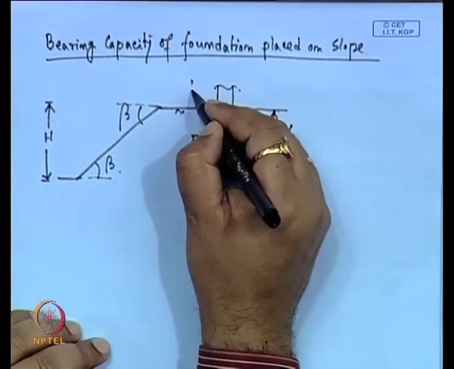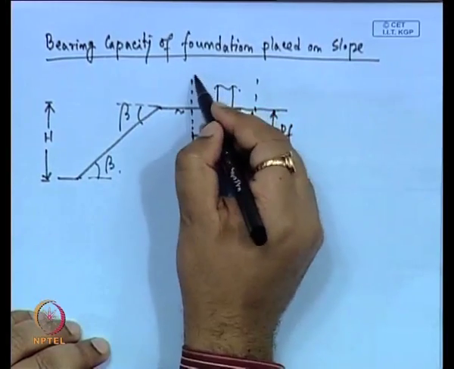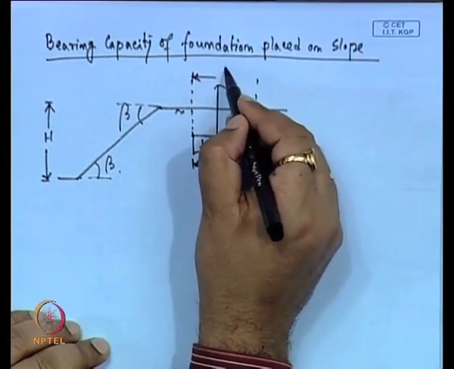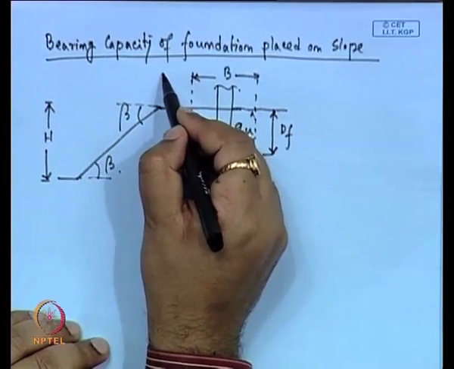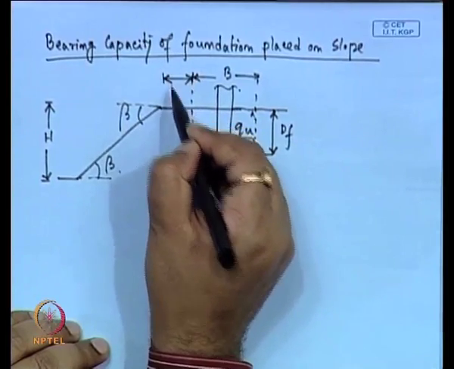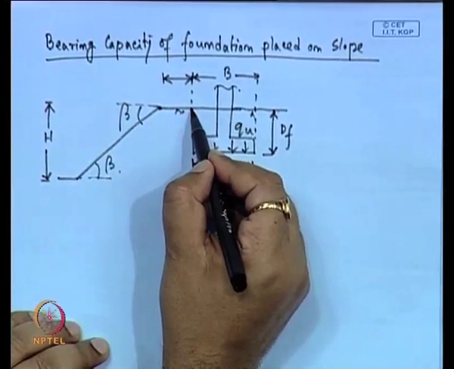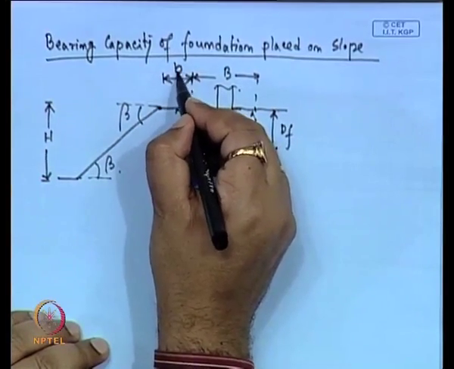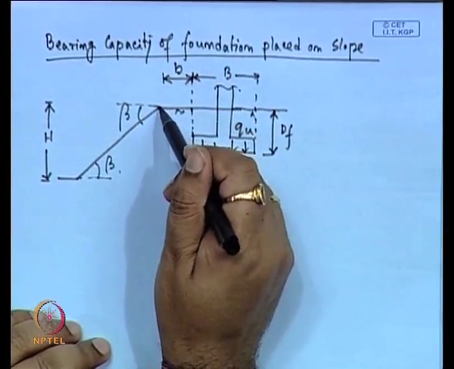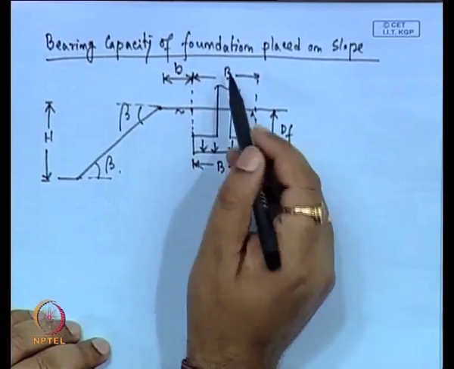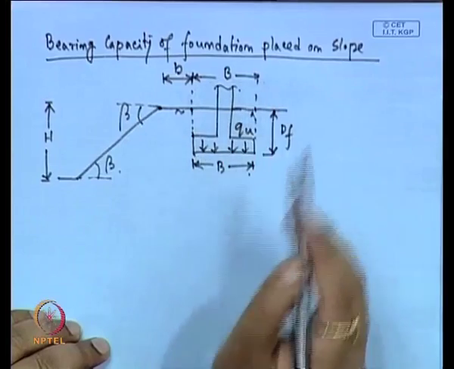Now, if we extend this edge, this distance is the distance from the edge of the slope to the edge of this footing. So, this distance is small b. So, small b is the distance between the edge of the slope and the edge of the footing, and capital B is the width of the footing.